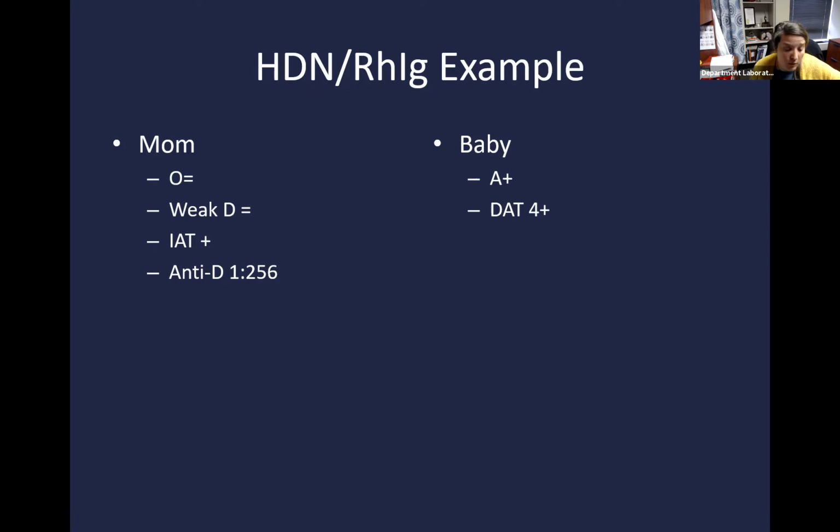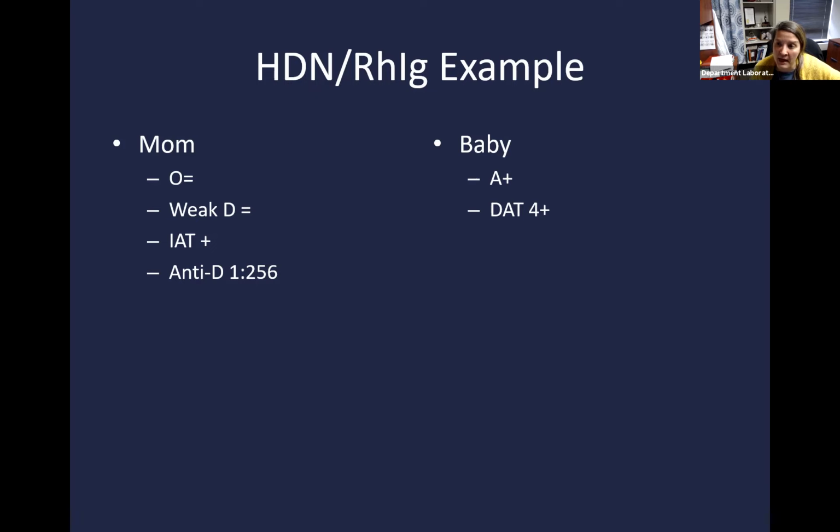In ABO, as we saw in the first example, the DAT was very weak. This example, which has an anti-D IgG antibody involved, is very strong, 4+, right? So that's another differentiating factor between ABO and non-ABO IgG HDN.